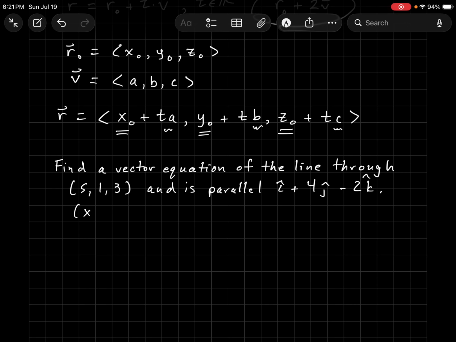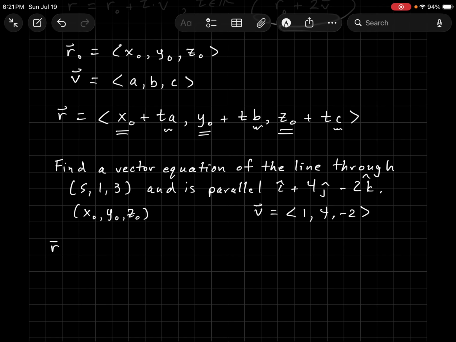This is going to be my starting point, x naught, y naught, z naught: 5, 1, 3. And then my vector v will be the vector 1, 4, negative 2.